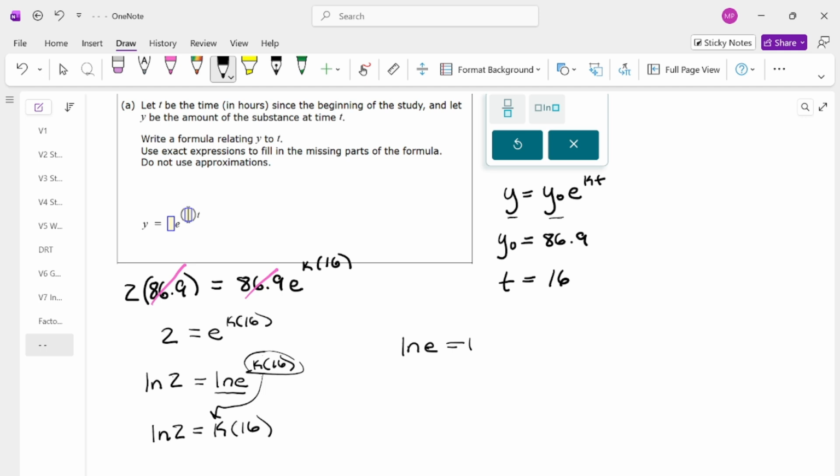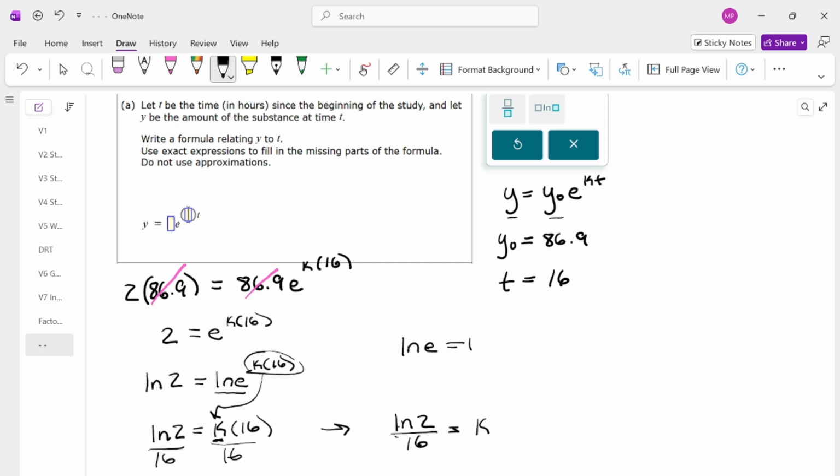Now we're going to solve for k. So we get ln 2 over 16 equals k. All we did was divide by 16 on both sides, by the way.